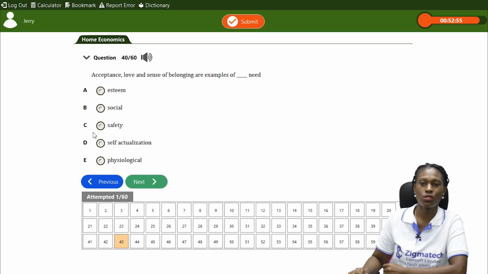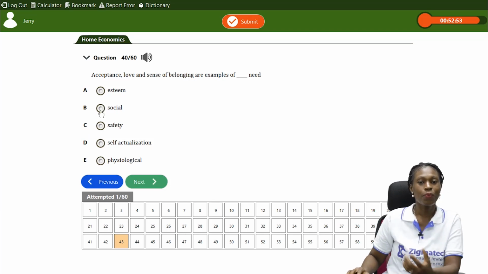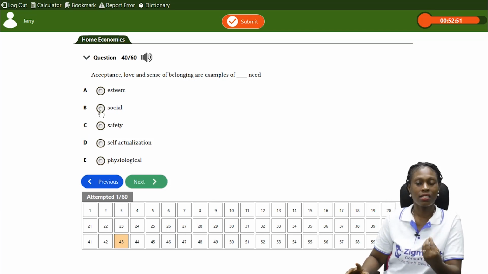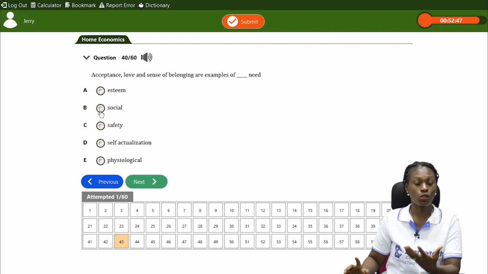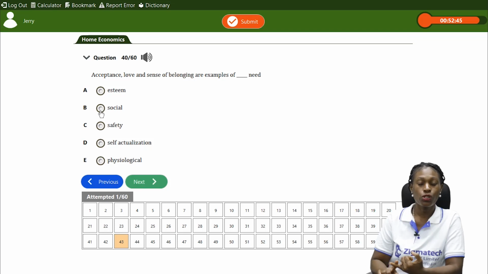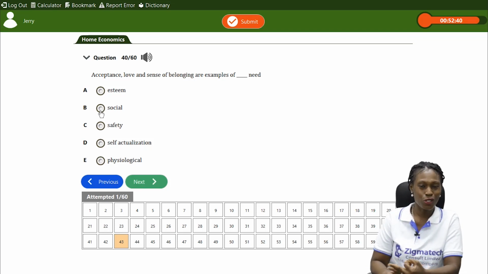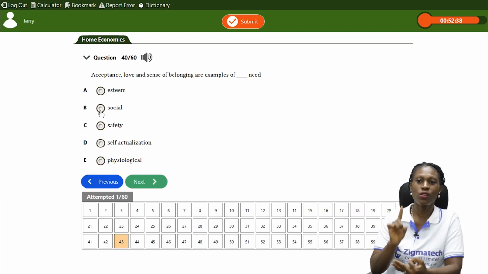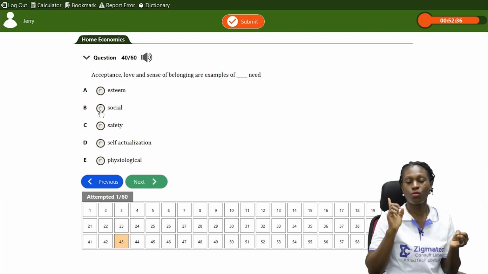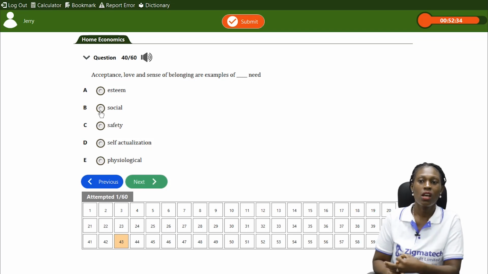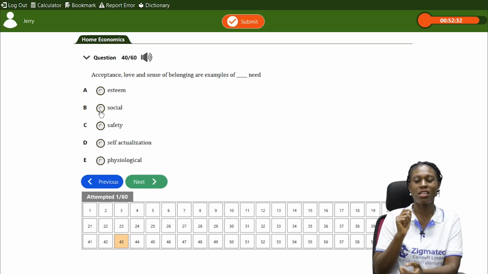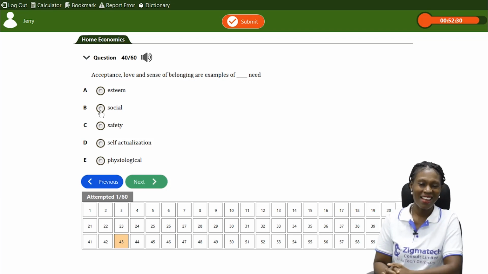Like we said in the course of our lesson, there are some needs that have to be met in the family: the emotional, the social, and the physical needs. The social need is where you find acceptance, love, and a sense of belonging. So B, social, is the correct answer.